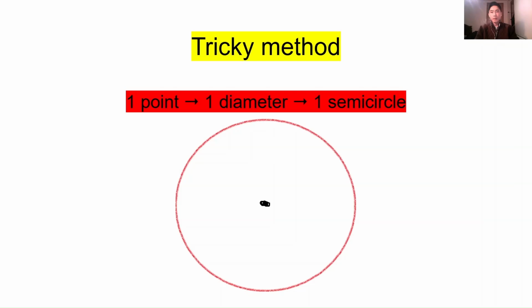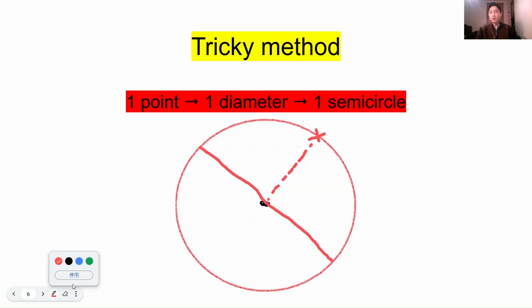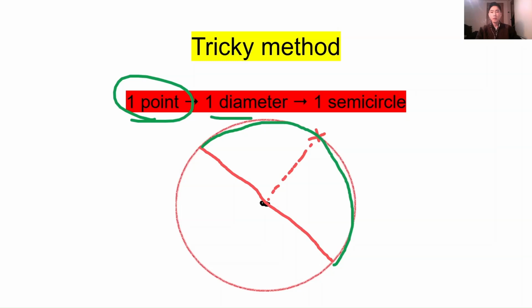If we have a point, for example, this point, then we give it a corresponding diameter, and then we have a corresponding semicircle. So 1 point, 1 corresponding diameter, 1 corresponding semicircle.